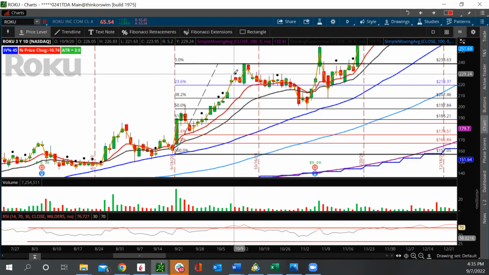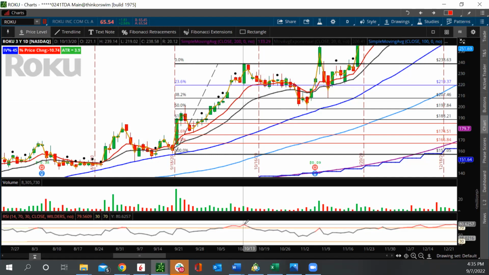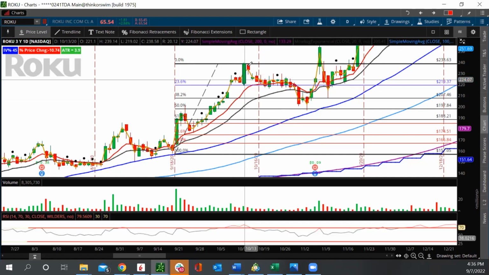I've seen it, but typically it is an indication that there's going to be a retracement. So when something is overbought, you can expect price to pull back. And that's exactly what happened here. It got above the 70 level, it was overbought, and it pulled back.